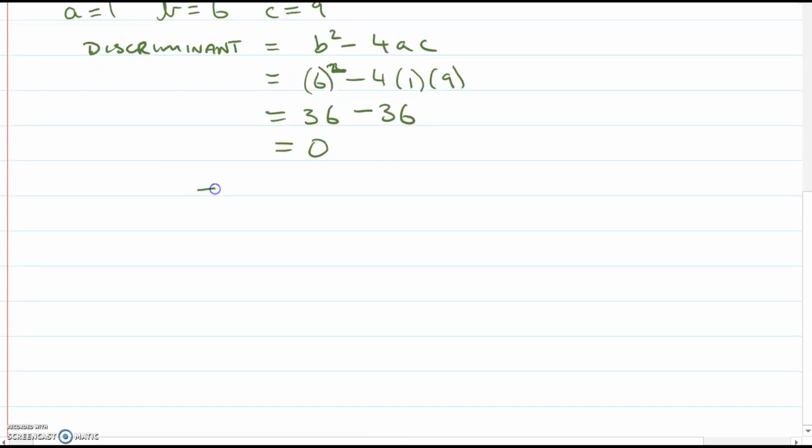Now if the discriminant is 0, then that means there's going to be 1 real root, and it's going to be a repeated root.